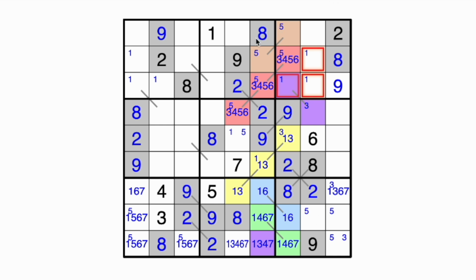Because 1 still could be yellow or blue or green or purple. Can I do more with these colors? Let's go back to the colors. I haven't thought about them in a while.